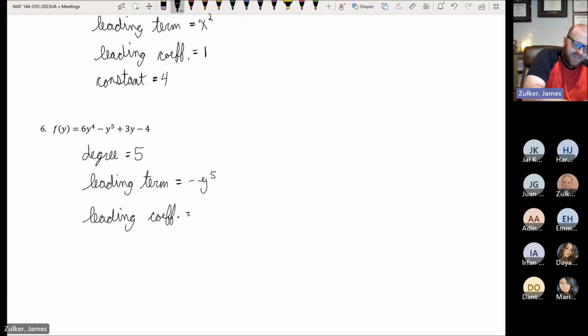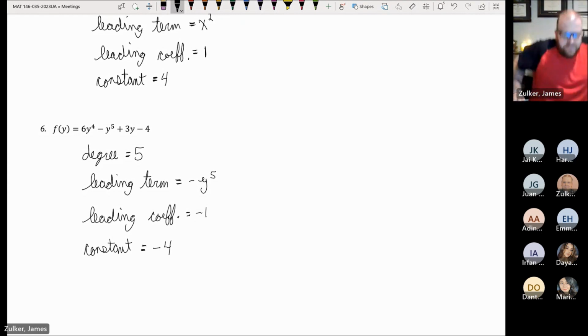Leading coefficient? Negative 1. And what's the constant? Negative 4. Does anyone know what a degree 5 polynomial is called?